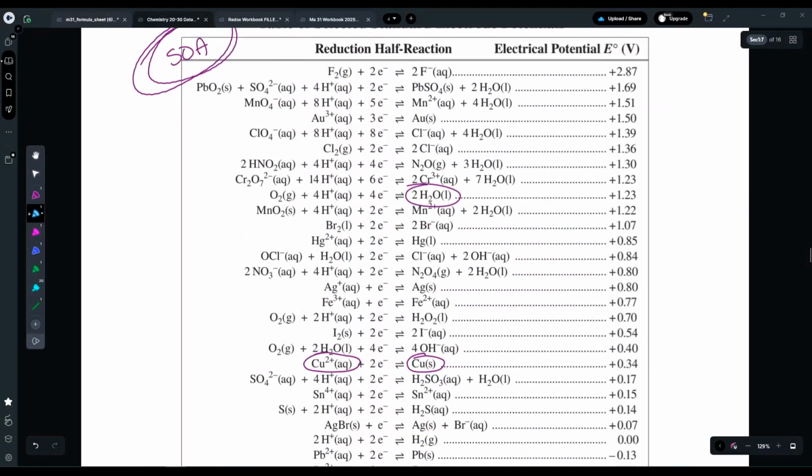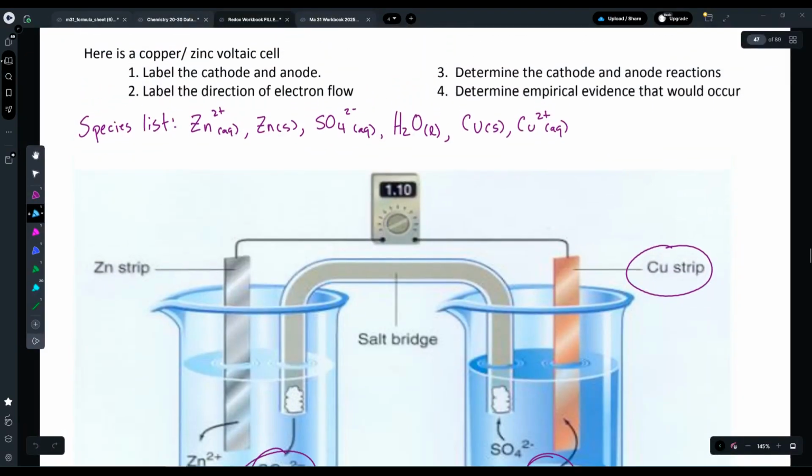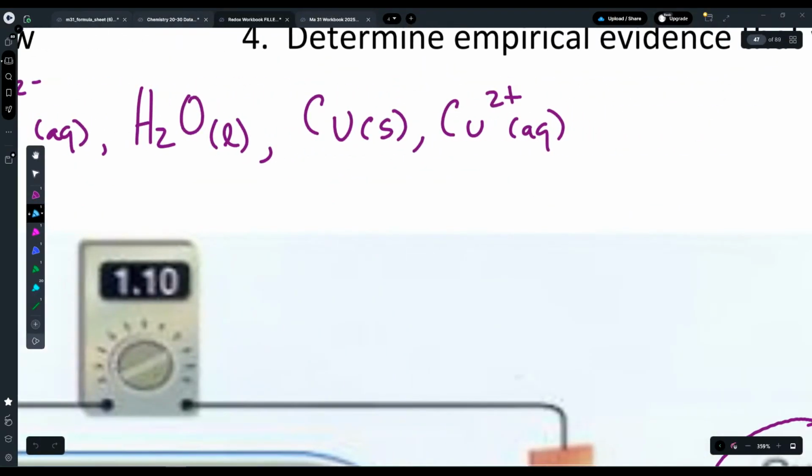For the SOA, I put my finger in the top left-hand corner and drag it down until I hit my first species on the left-hand side. That means copper 2+ is our SOA, so I'm going to label that here.